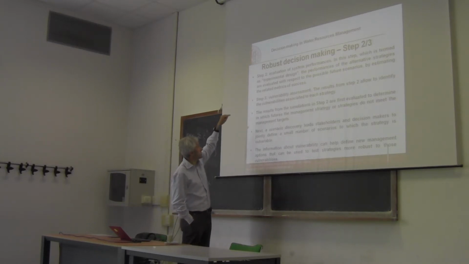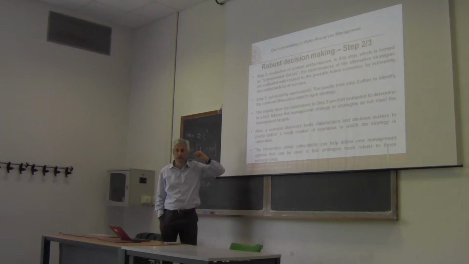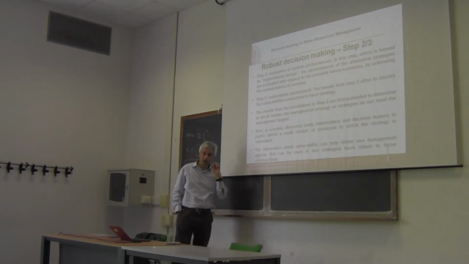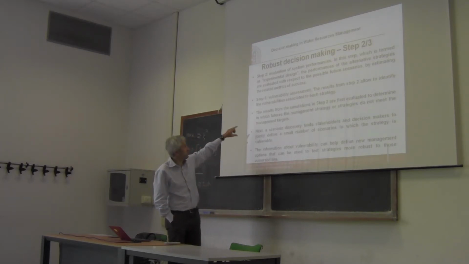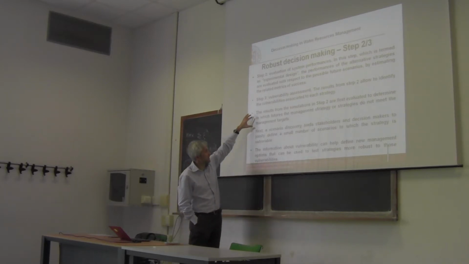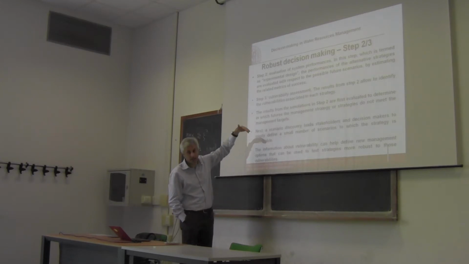And then in step 3, we assess vulnerability. So we point out what are the weaknesses of each alternative. And then we try to identify what are the strategies that minimize vulnerability.